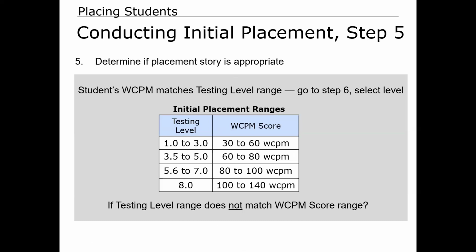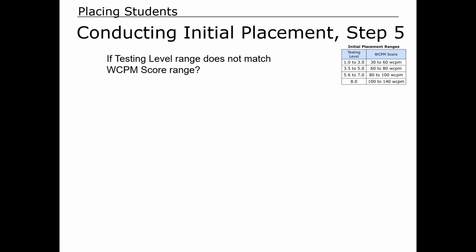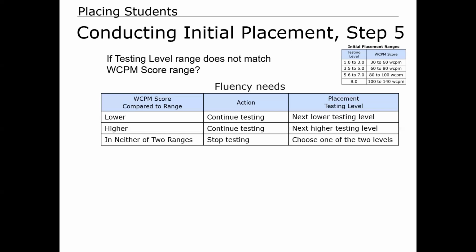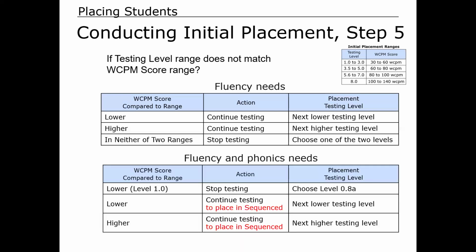Okay, you just have to pick the level and give them a goal based on that score they got. If not, you might have to give them a higher level or a lower level. In our placement packet, we have these tables that help you do that. But it's intuitive. You're going to know it even without looking at the tables.